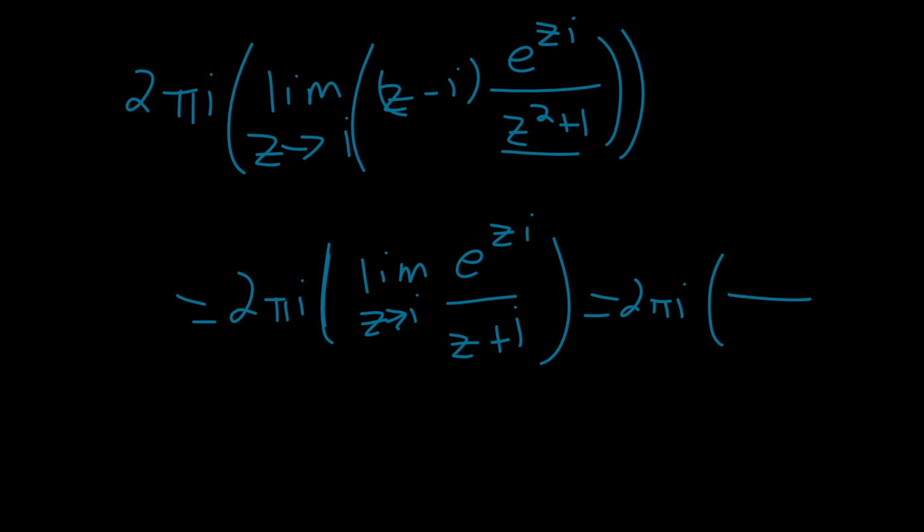So the denominator is going to be 2i, but let's take a look at the numerator. We have e to the i times i, but that's by definition negative 1, so we have e to the negative 1 in the numerator. And evaluating everything and distributing, we find that this is equal to pi times e to the negative 1, which is equal to pi over e.